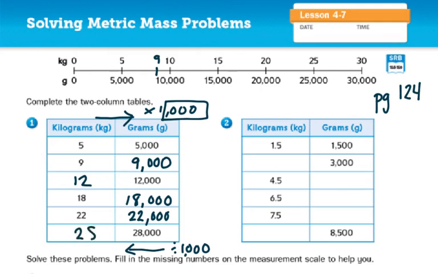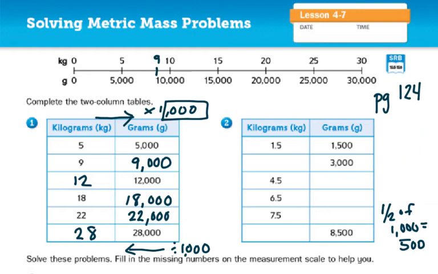I would get 28. Now they throw this next one in with us and say half. 5/10 is the same thing as saying half. So what we know is that if we have half of 1,000, that would equal 500. So keep that in mind.